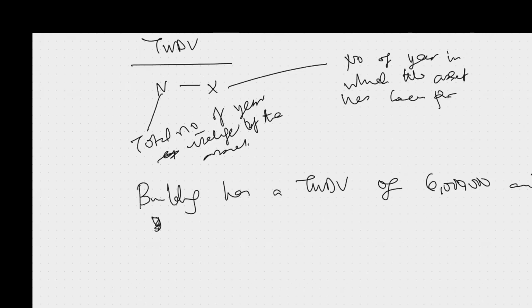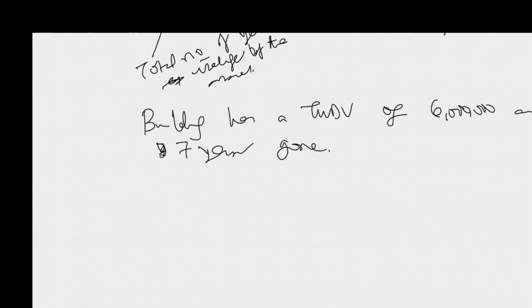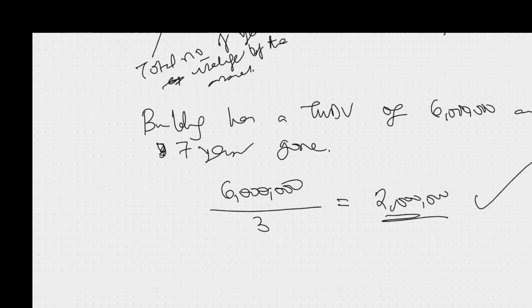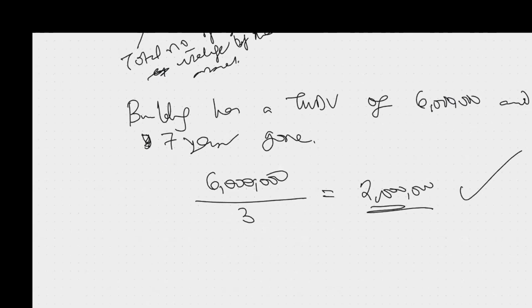They just put it that way. So what does that mean? To get my annual allowance, I'll just say 6 million divided by 3. So that means annually, I'll be granting 2 million allowance because 7 years already gone, 3 years remaining. I'll just divide it by 3 years. Do you understand me?